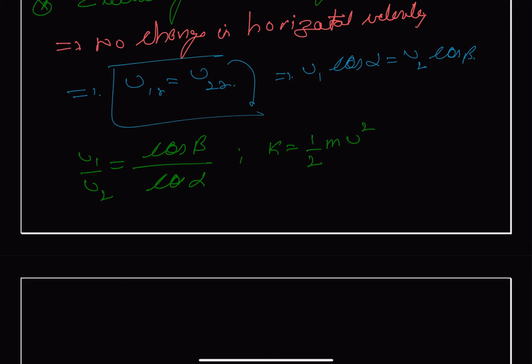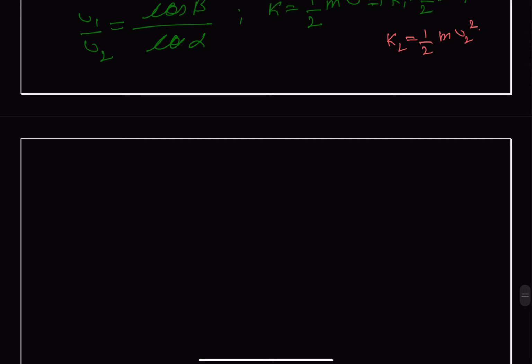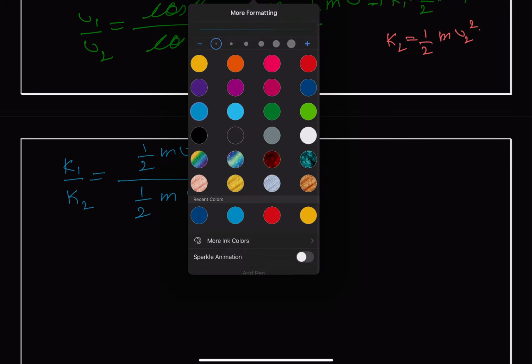Therefore K1 is equal to half m V1 square, and K2 is equal to half m V2 square. We need to find the ratio. So K1 upon K2 is equal to half m V1 square over half m V2 square, and half m cancels out.